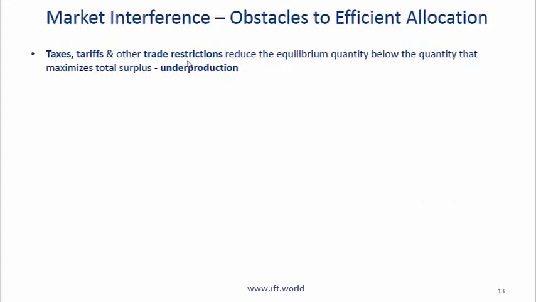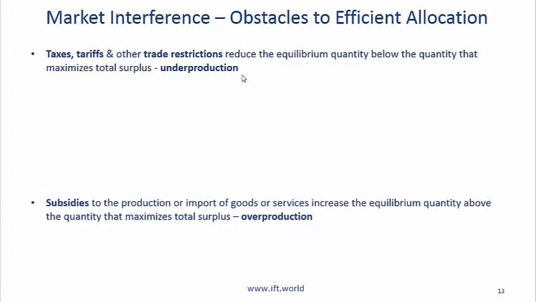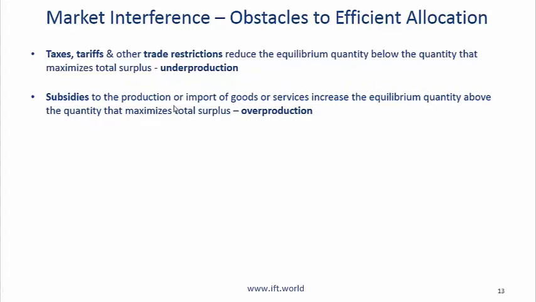Taxes, tariffs, and other trade restrictions reduce the equilibrium quantity below the quantity that maximizes total surplus. This is overproduction, and this is something you'll also see in the reading on international trade. Subsidies to the production or import of goods or services increases the equilibrium quantity above the quantity that maximizes total surplus.